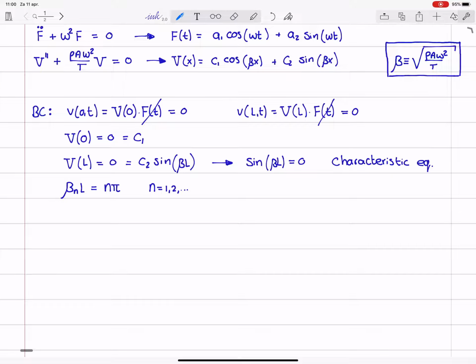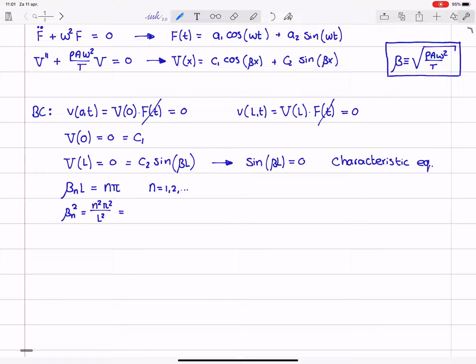So this is the solution of the characteristic equation, and now we are very close to finding natural frequencies. If we now back substitute this into the relation for beta that I have boxed here in the right upper corner, then we can conclude that beta n squared is equal to n squared pi squared divided by L squared.